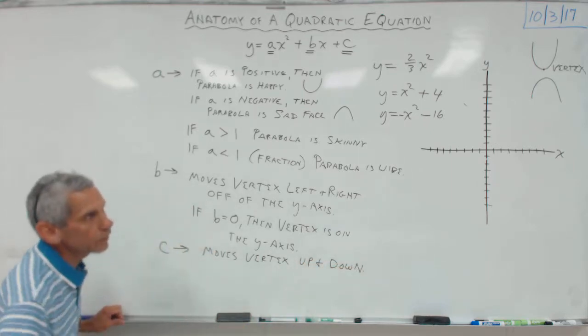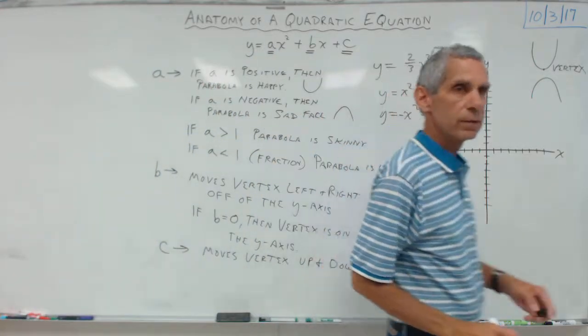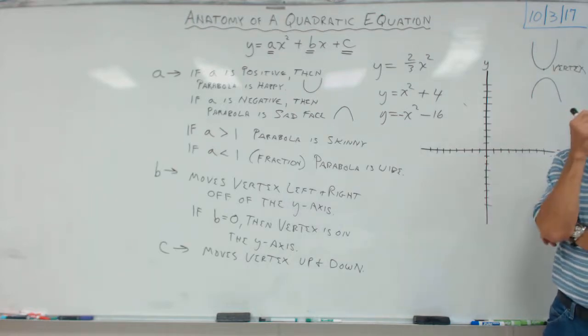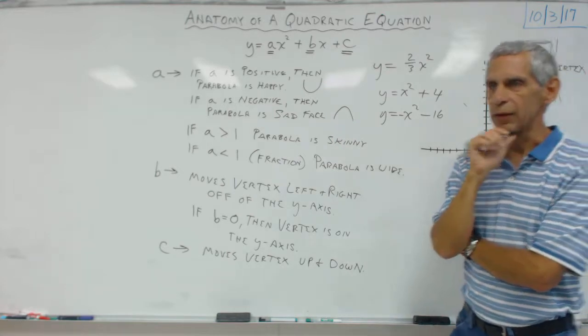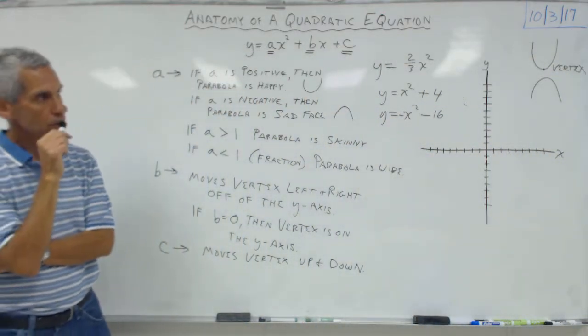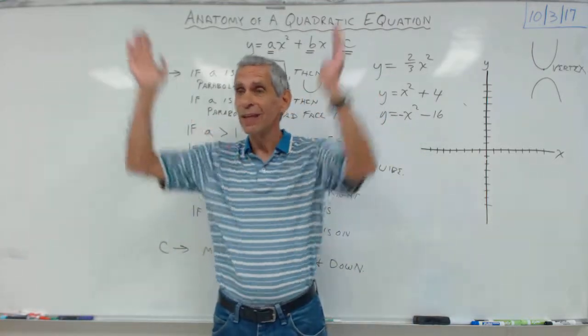And there's one other thing that C tells you. What do you think C tells you? Think about a straight line equation, y equals mx plus b. How long it is? Like how tall? Well, that's a good question. Every single parabola is infinitely tall.